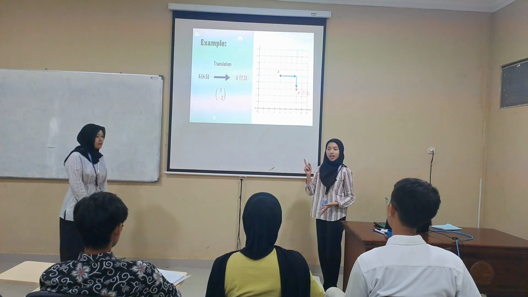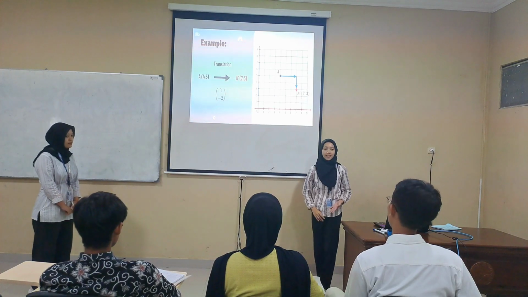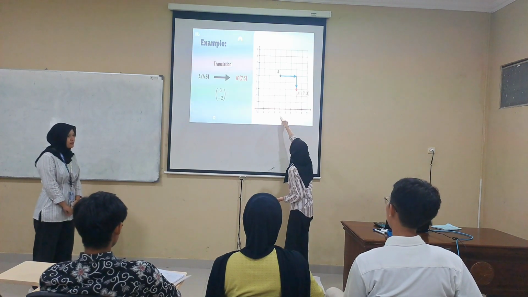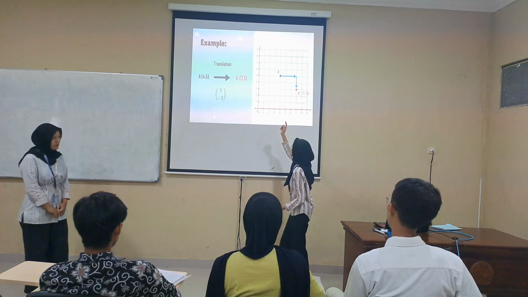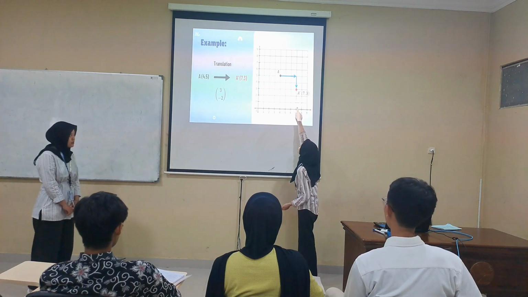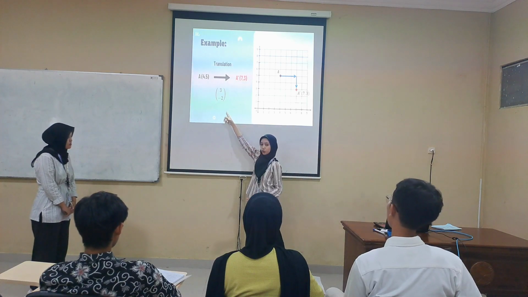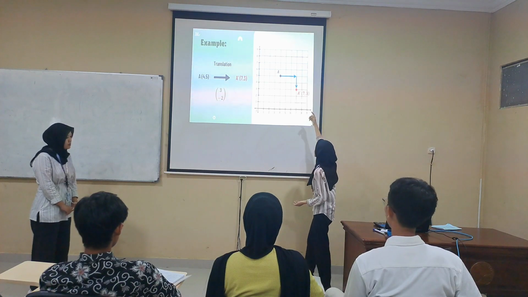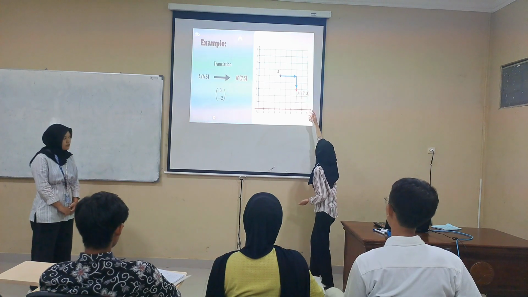First, we draw the Cartesian plane like this, and then we plot point A (4, 5), and then we translate 3 units to the right and 2 units down because the value of 2 is negative, and the result is A prime (7, 3).